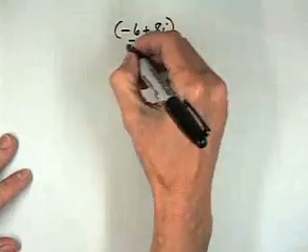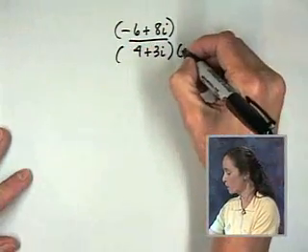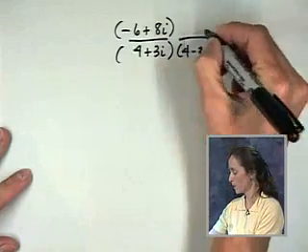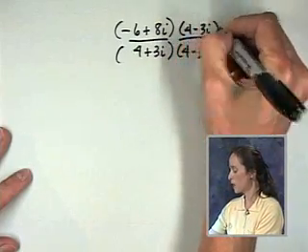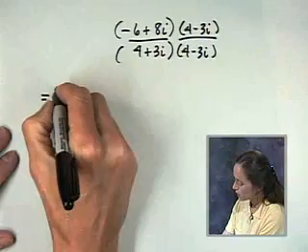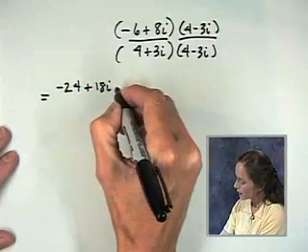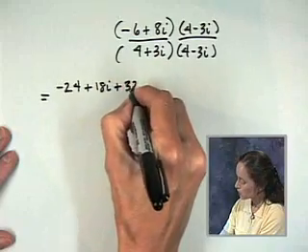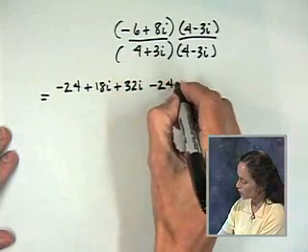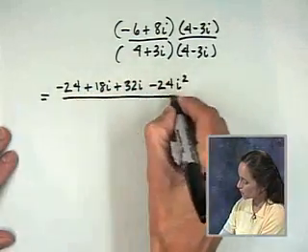We need to multiply the numerator and denominator by 4 minus 3i. Let's do that multiplication. We end up with negative 24 plus 18i plus 32i, then minus 24i squared.